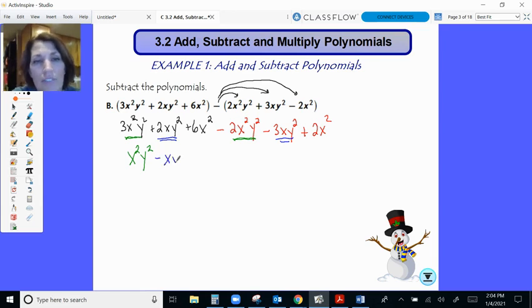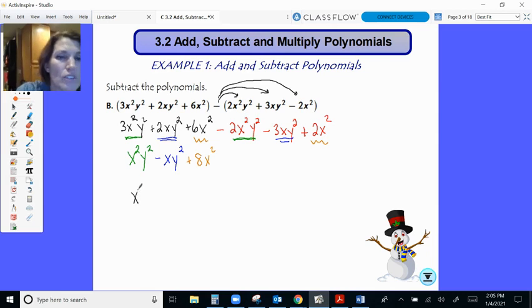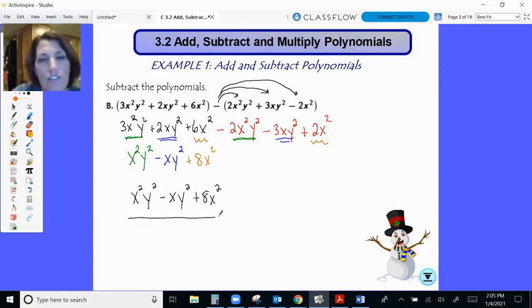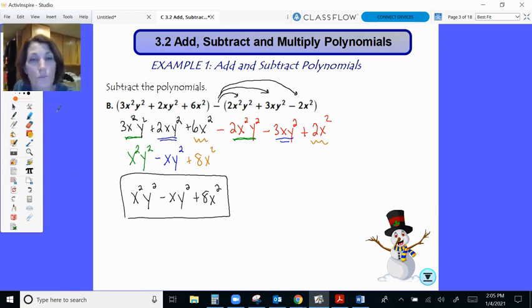That would leave me with a negative xy squared. Then I have my x squared terms right here, which leaves me with 8x squared. Okay, so my final polynomial will be x squared y squared minus xy squared plus 8x squared. And that is my final polynomial, my difference between those two polynomials.